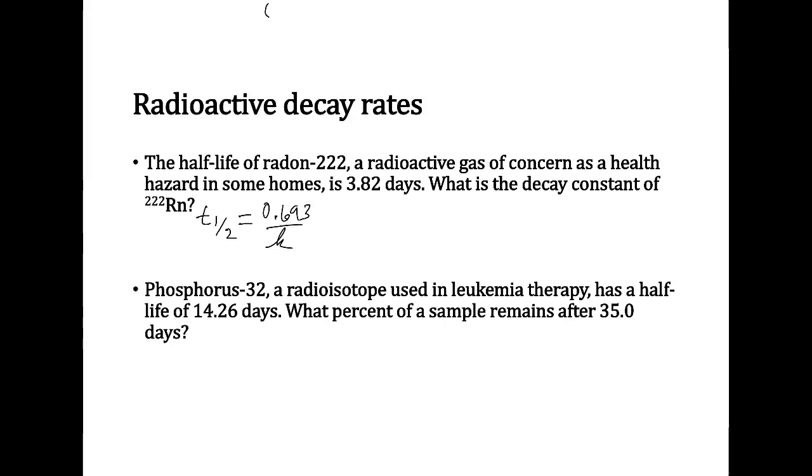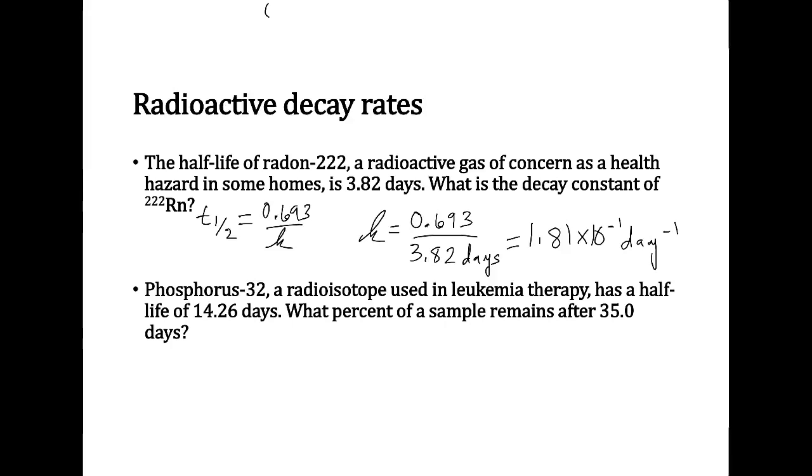So now K is equal to 0.693 divided by the half-life, which in this case is 3.82 days. And then we find here that K is 1.81 times 10 to the negative first per day.